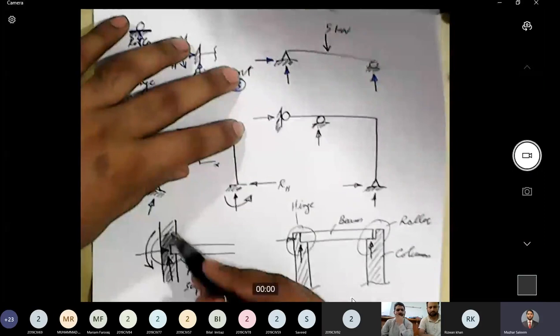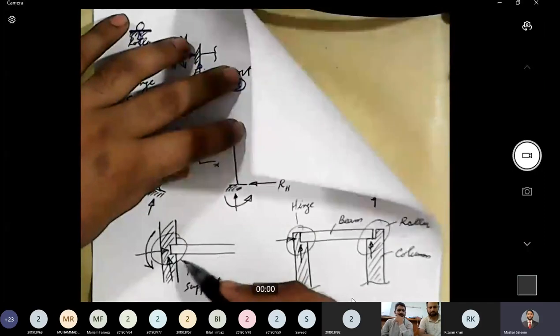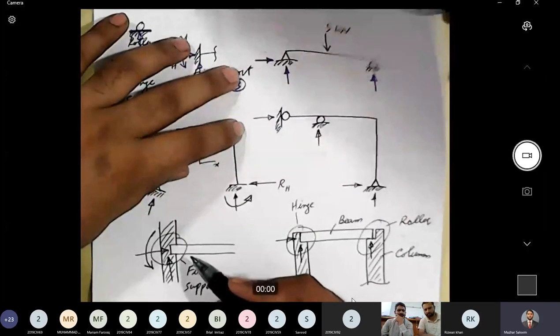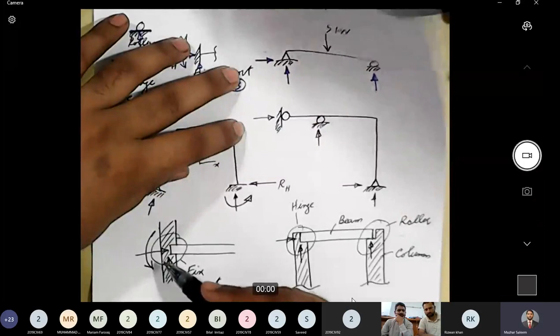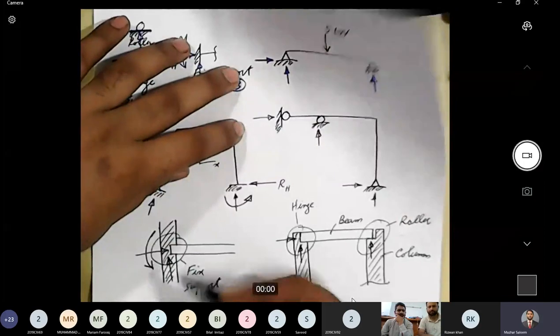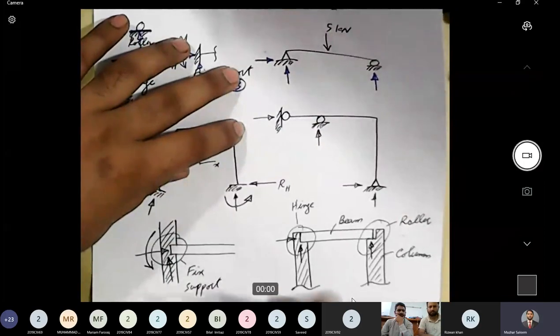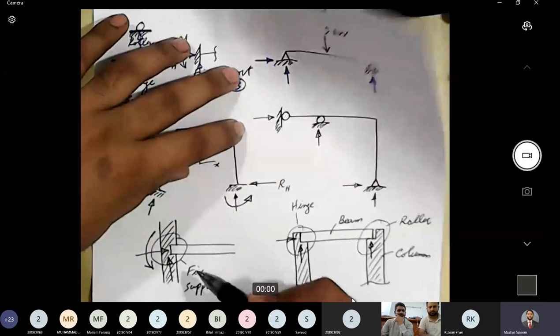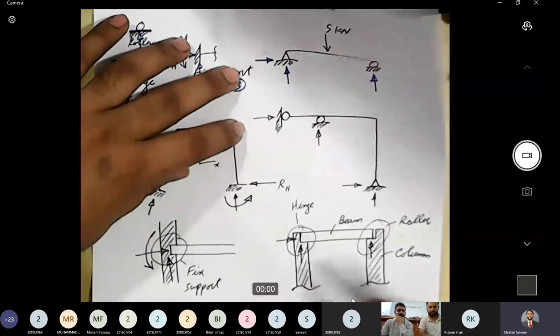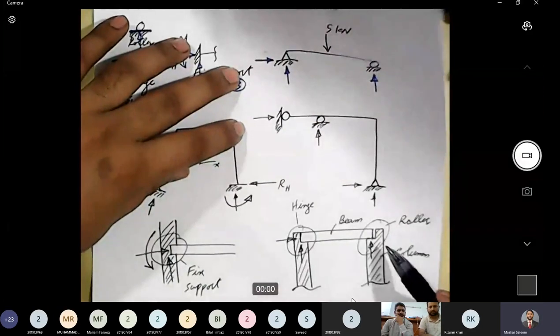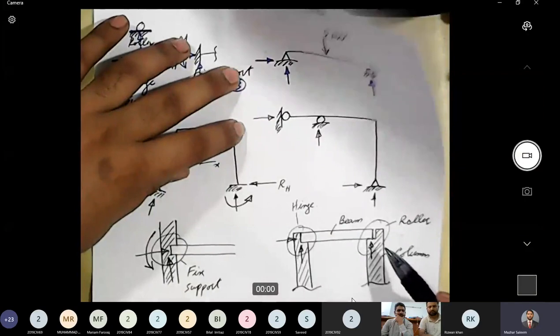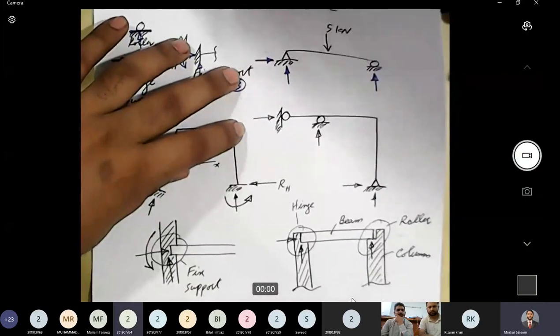So this column will not let the beam move in the vertical direction or the horizontal direction, and it will not let the beam rotate as well. This arrangement is for fixed support, this is for hinge support, and this is for roller support. Is that clear now? Yes, sir. Thank you so much.